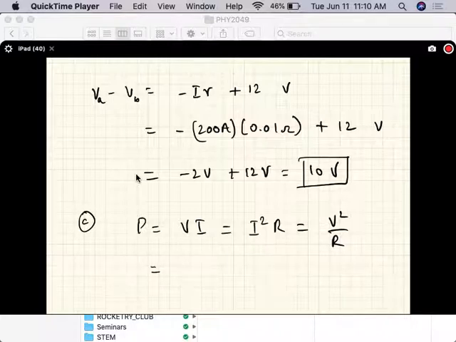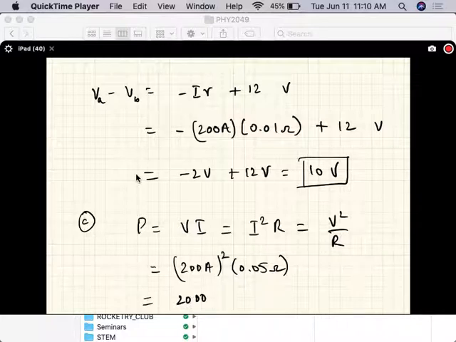The device is the motor, 200 amps flow through it, and its resistance is 0.05 ohms. So we'll use that. This works out to 10 to the 4, 4 times 10 to the 4 times 0.05, 2,000 watts. So your starter motor is a 2,000 watt motor.